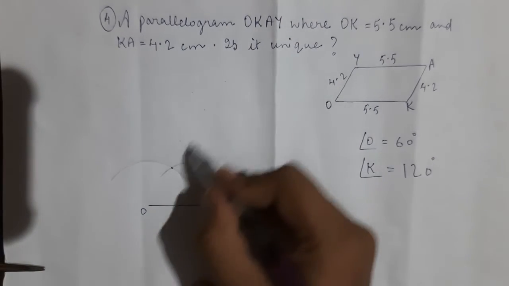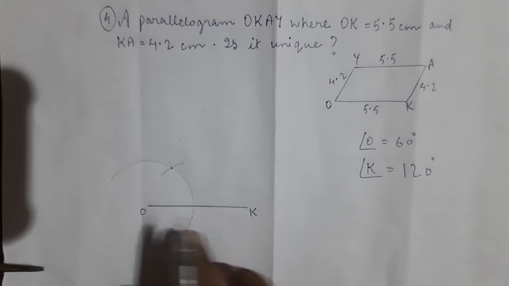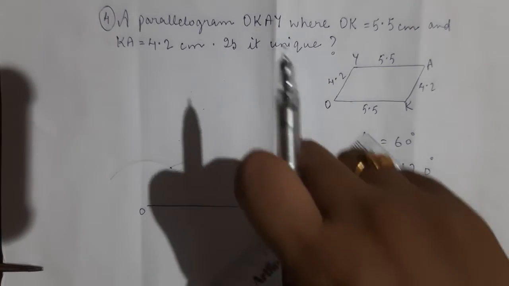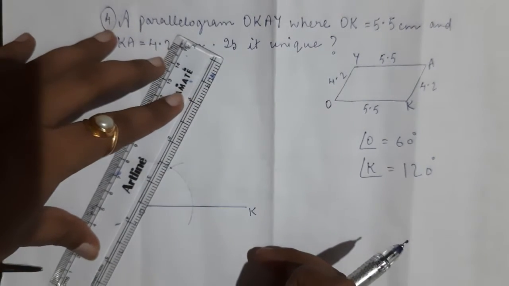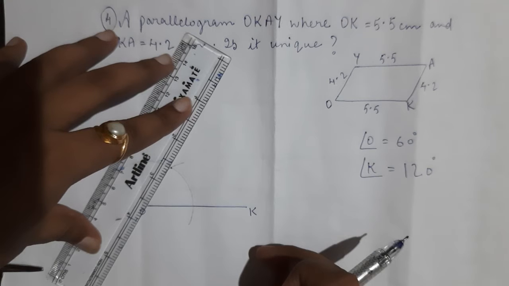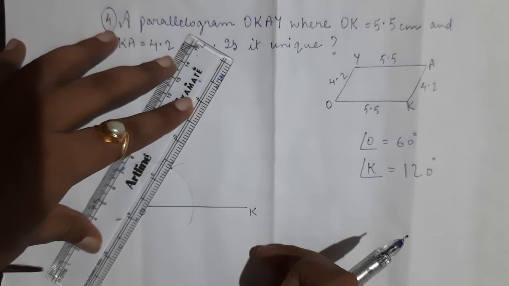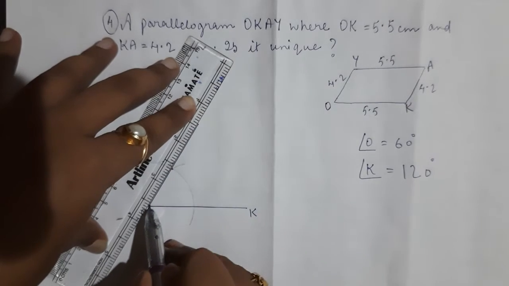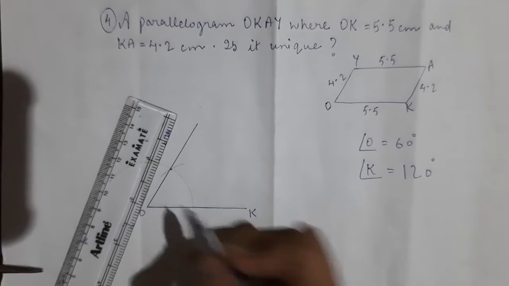So if I join this line, then the angle which will form is 60 degree. So let us join nicely. This angle is 60 degree.